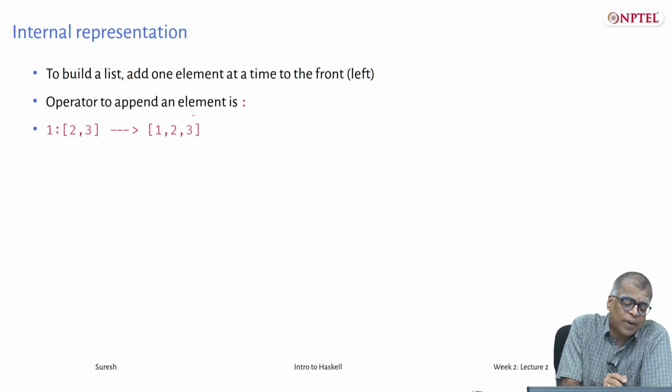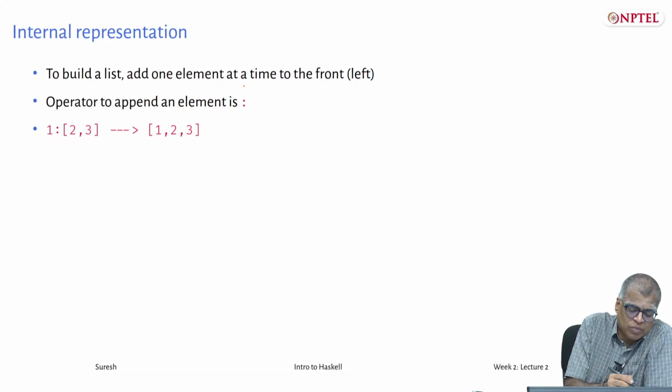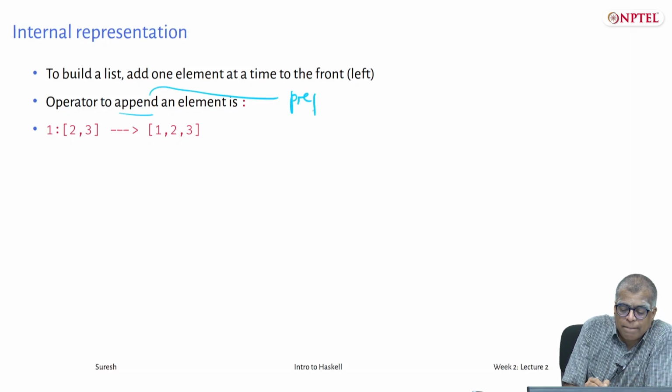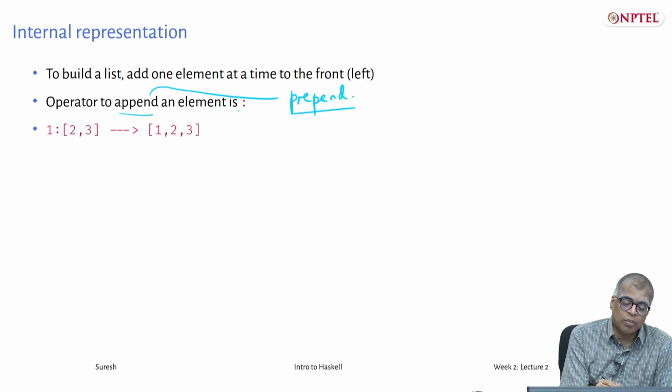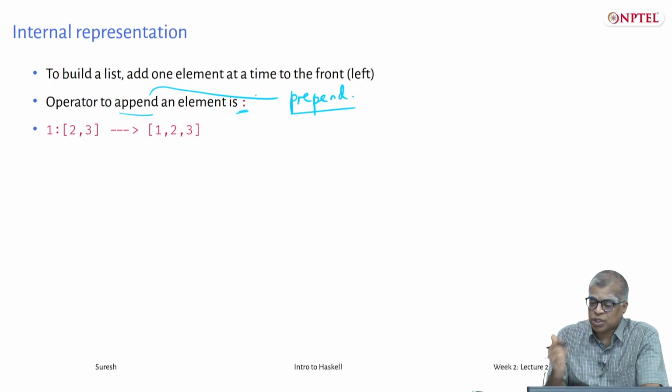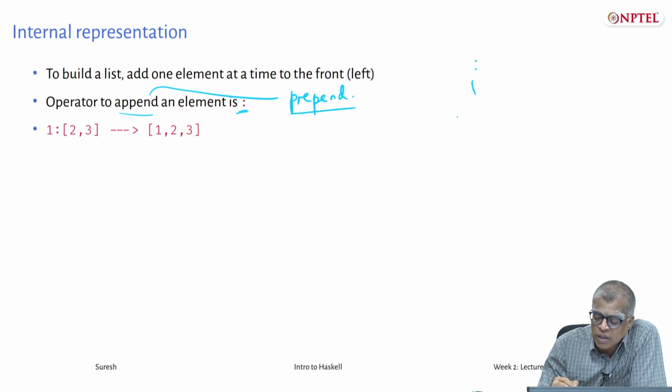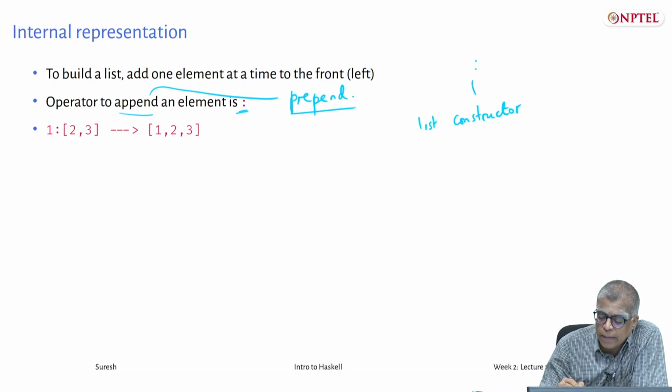So the operator to add an element to the beginning of a list, prepend I should say, is colon. Colon is the name of this operator. Remember this distinction: colon means construct a list, the list constructor as we call it.